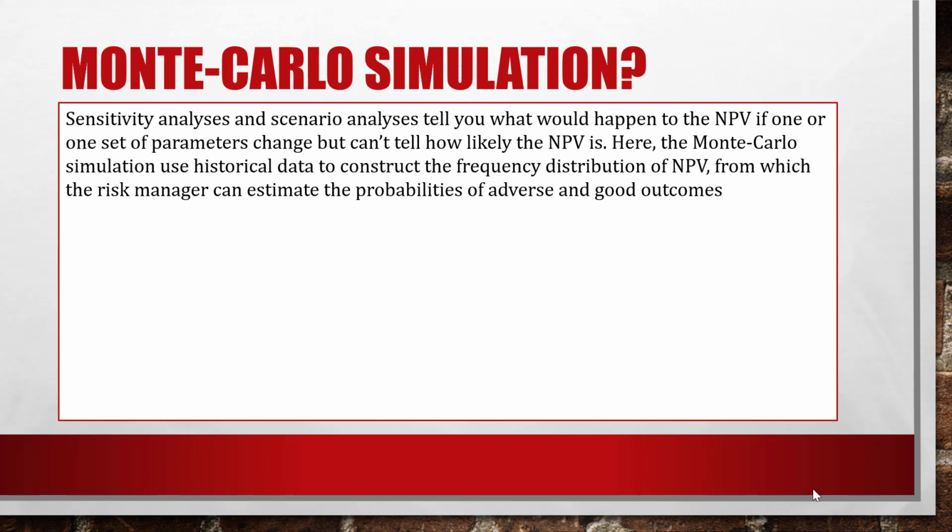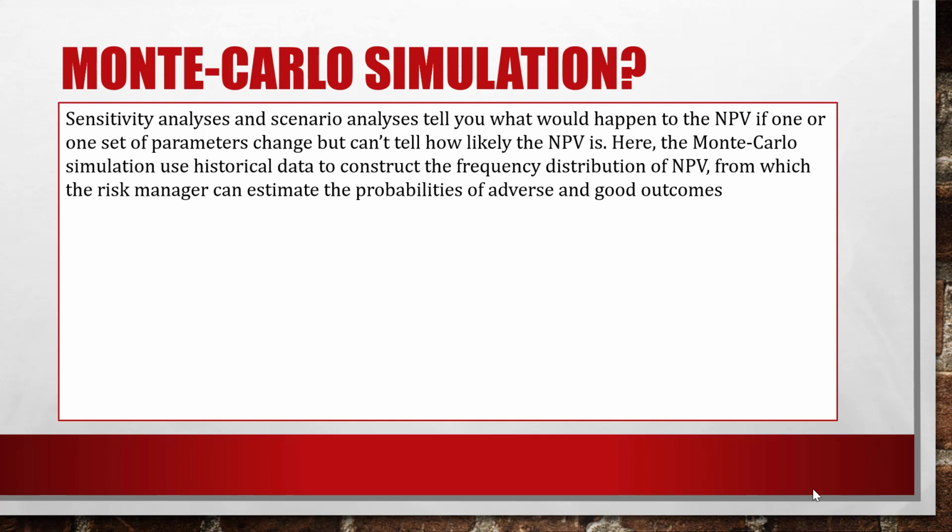Remember, the sensitivity analysis and the scenario analysis tell you what would happen to the NPV, the net present value, if one set of parameters change, but can't tell how likely the NPV is. Here we use the Monte Carlo simulation to use the historical data and construct a frequency distribution of NPV.